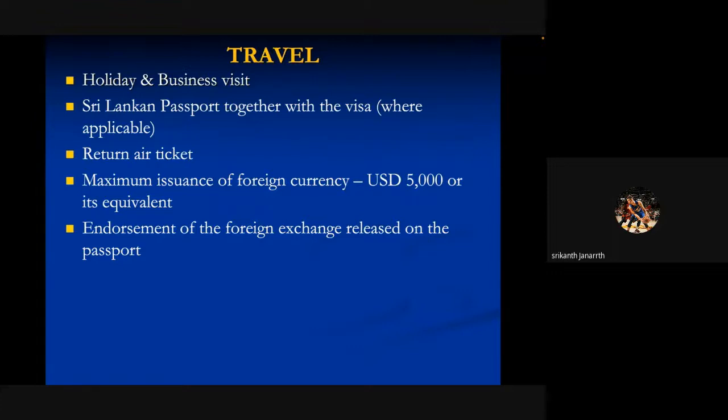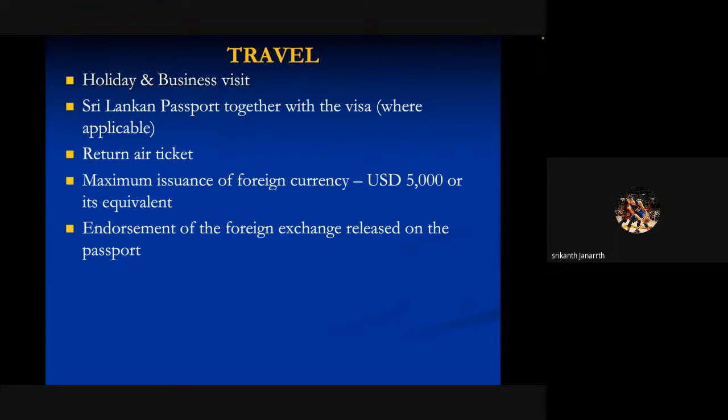So I want $10,000. Whenever there are requests coming from somebody traveling, it can be business, holiday, leisure, pilgrimage or whatever, that is a visit. Then you should know how much we can release as currency notes maximum. There is a limit.